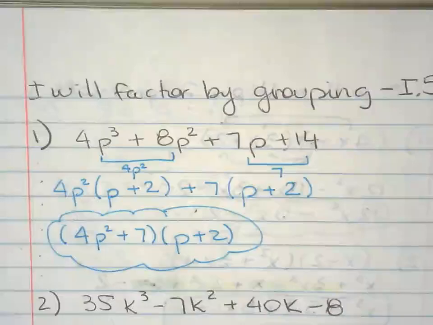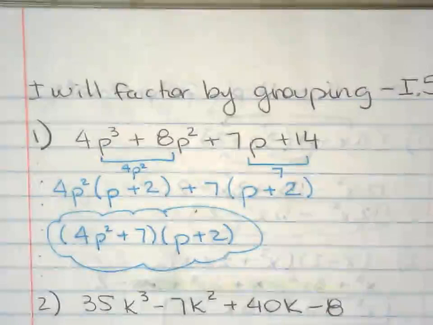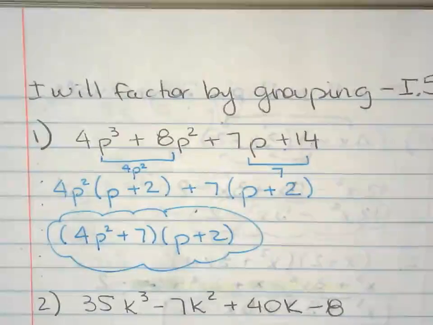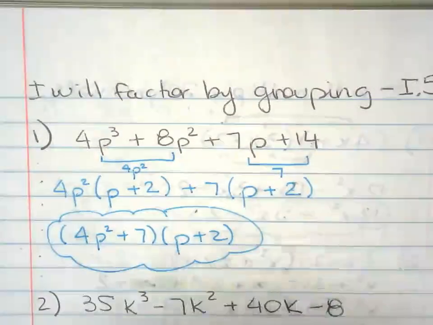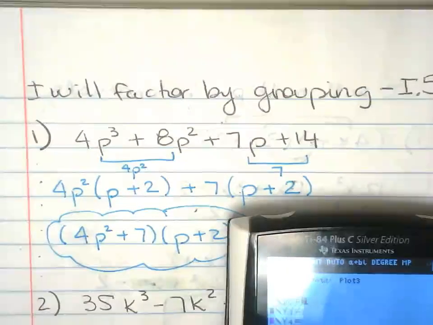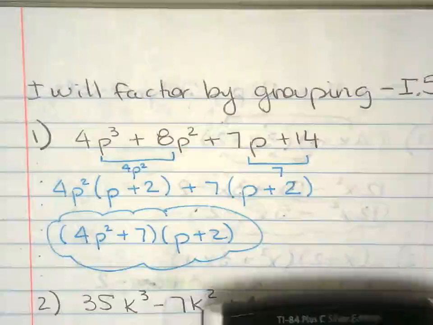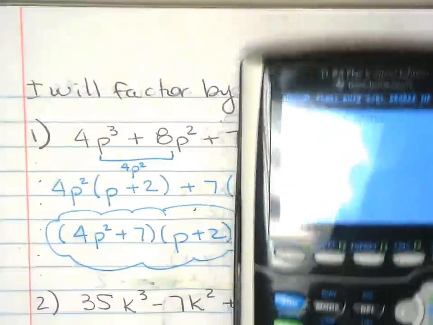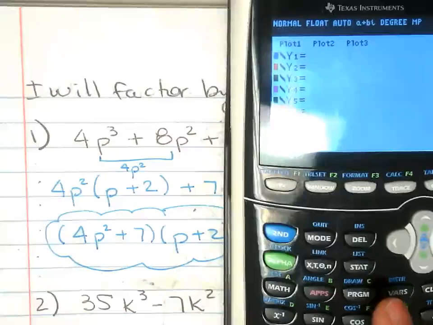One way for you to check. You don't have to do this every time. It's just sometimes when you're not quite sure. So in Y1, you're going to plug in the question.